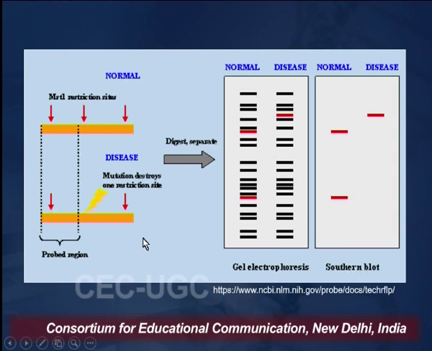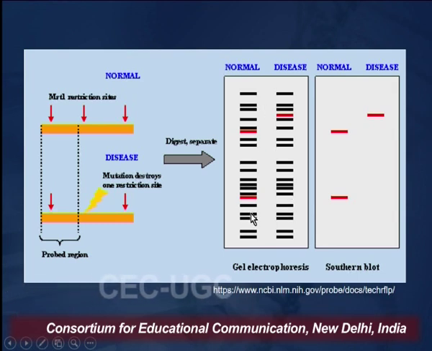This again explains a normal and a diseased situation. What I was saying is that, for example, here, due to a mutation or the action of a mutagen, this particular site has been abolished. When this site is abolished and you cut the DNA with this restriction enzyme and run it on agarose gel electrophoresis, you can see there will be different sized fragments.